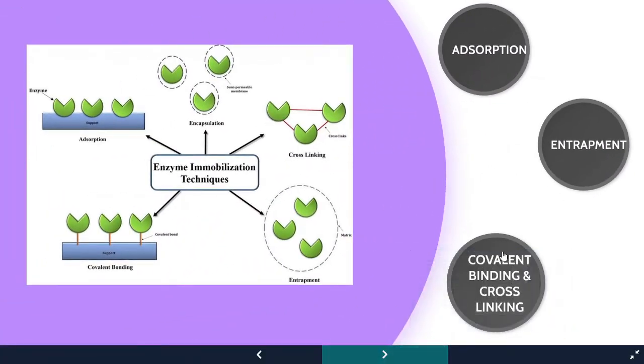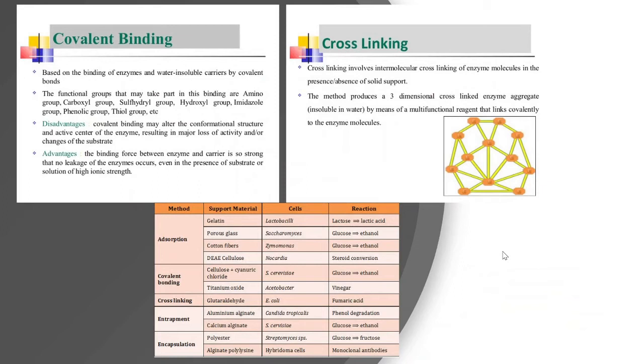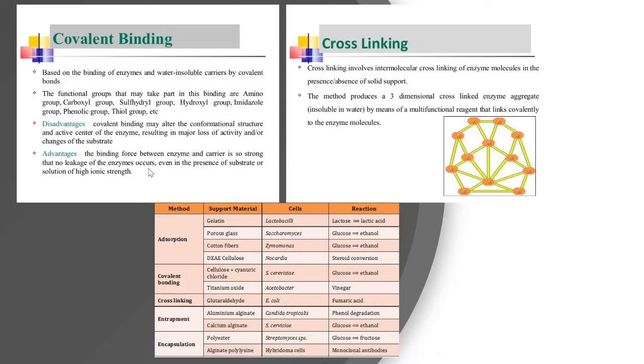Next, we have the other two methods, covalent binding and cross-linking methods. The covalent binding method is achieved by formation of covalent bonds between the chemical groups of the enzymes and chemical groups of the support.